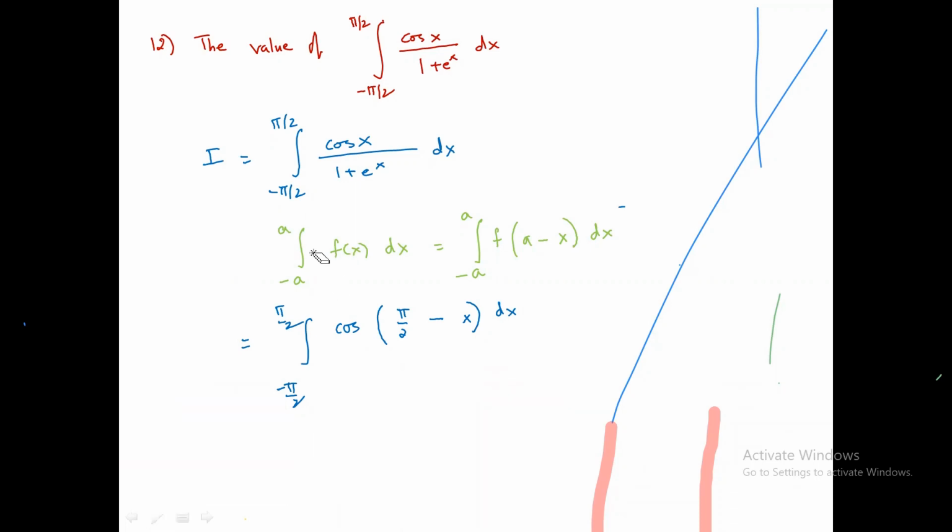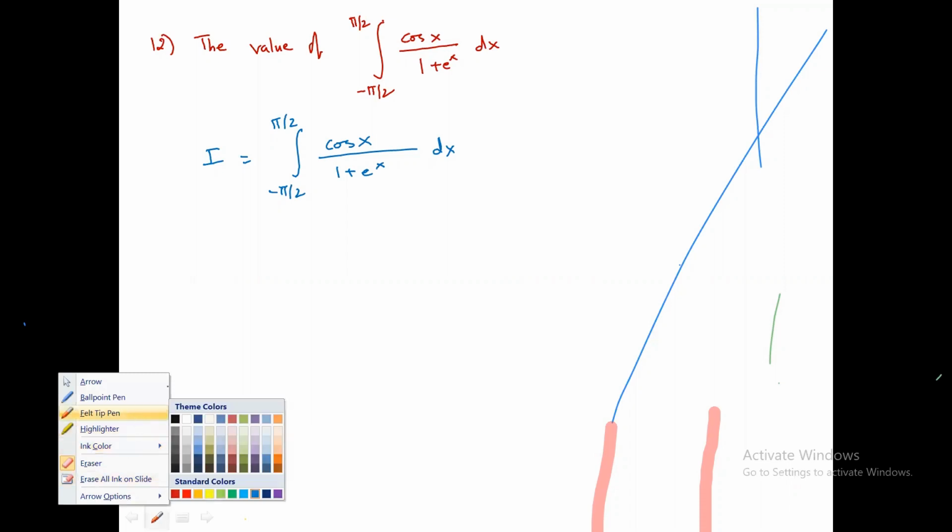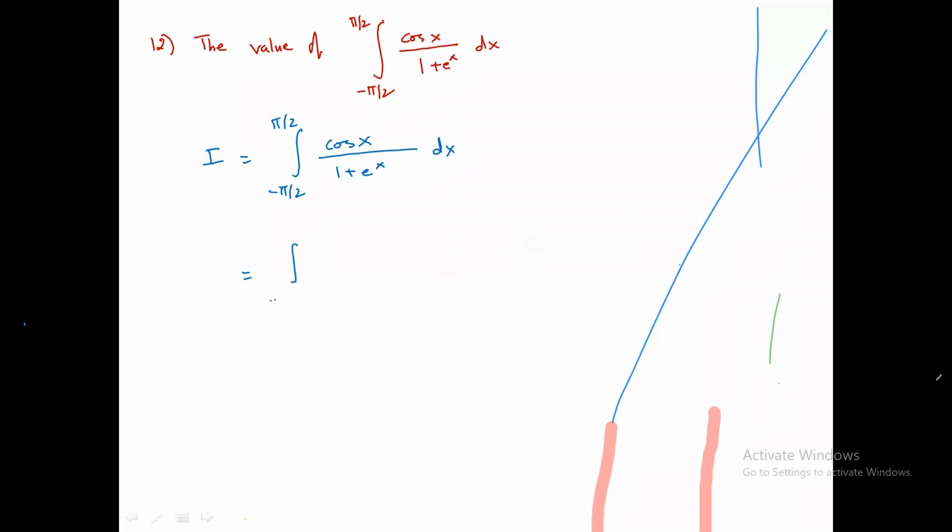So what should I do next? Which other formula can I use? The shortcut formula. Even and odd is not working. This kind of formula is not working. What can I do here? The shortcut method is minus pi by 2 and pi by 2 I will keep the same.